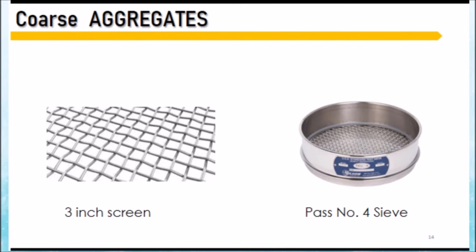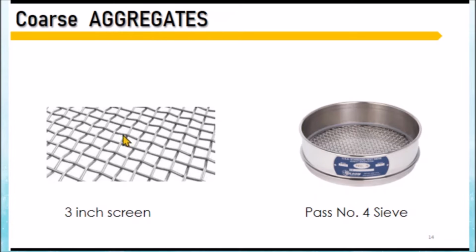So next naman is para sa coarse aggregates. Coarse aggregates are the materials that pass the 3-inch screen and will be retained in Sieve number 4. Ang partition ng aggregates for it to be identified as fine or coarse is the Sieve number 4.